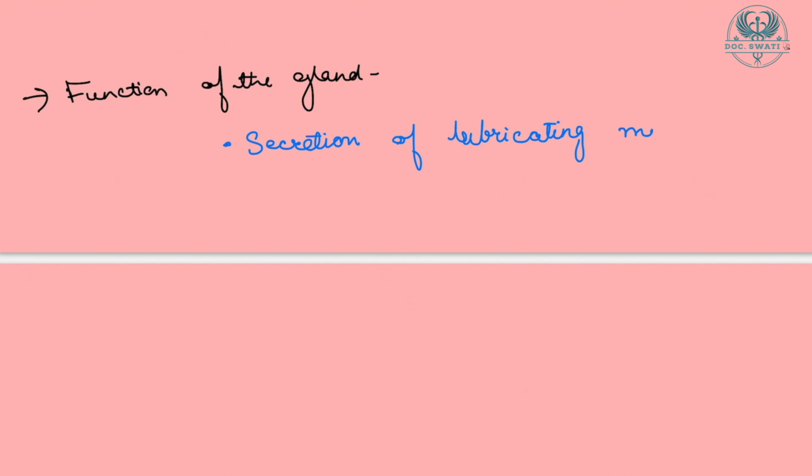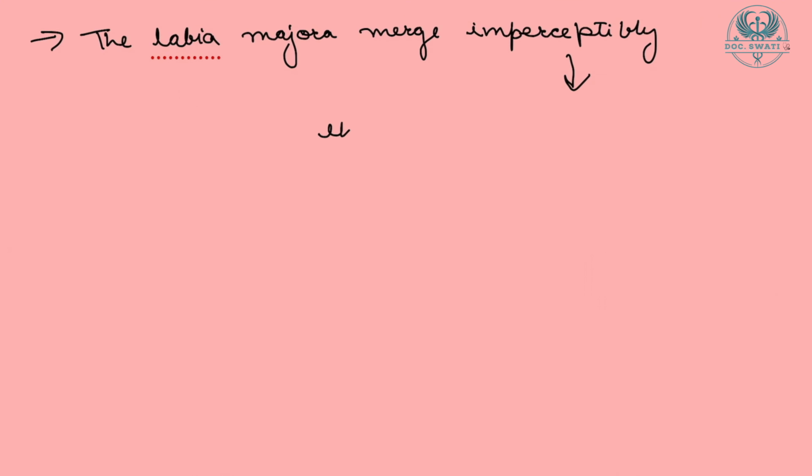Now let's talk about the functions of this gland. It includes secretion of lubricating mucus during sexual intercourse. The labia majora merge imperceptibly into the perineum at the posterior commissure.